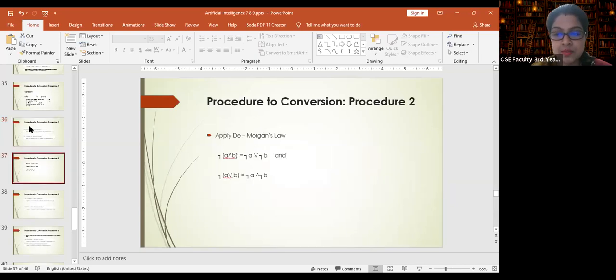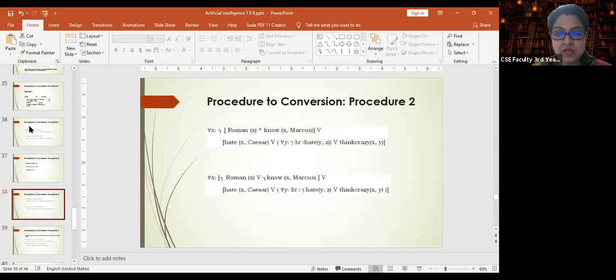Then we apply De Morgan's law. Here one bracket has a not sign before it, so we apply De Morgan's law there. After applying it, we can jump steps, but if the marks are more, we can show all the intermediate steps.